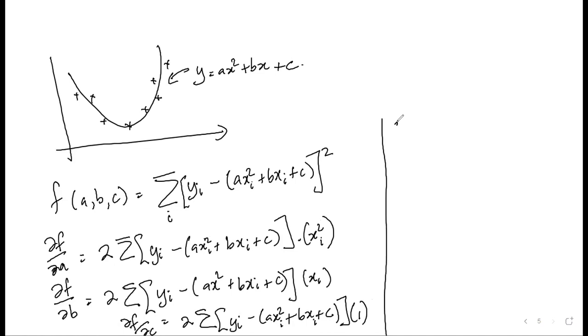So we end up with a sum of x_i to the 4th plus b sum of x_i cubed plus c sum of x_i squared is equal to the sum of x squared y.